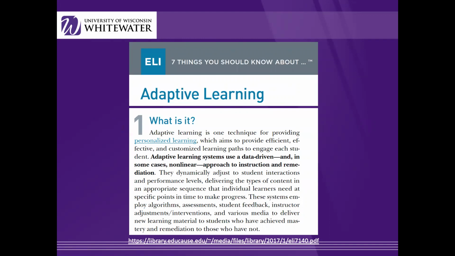So what we thought we would do just before Matt jumps in to talk about how he designed his first adaptive course, we thought it's important to set the stage regarding what adaptive learning actually is. So what you're seeing now on the screen is the What Is It section from the 2017 EDUCAUSE Learning Initiative, ELI, 7 Things You Should Know About Adaptive Learning.